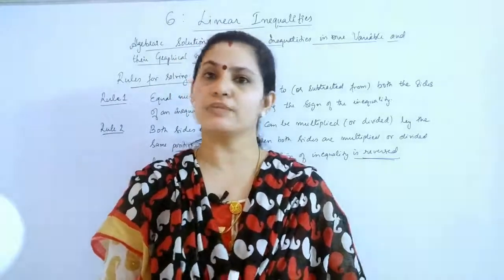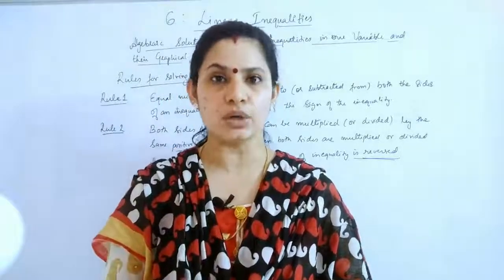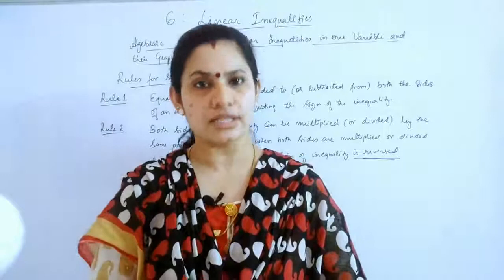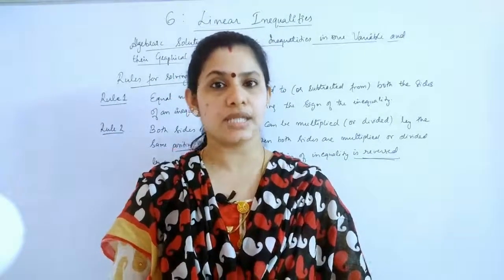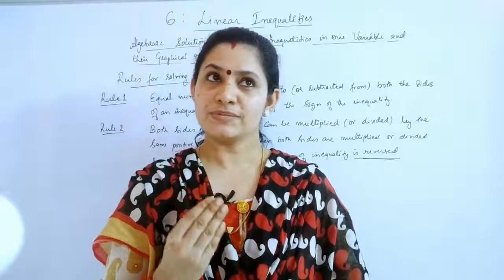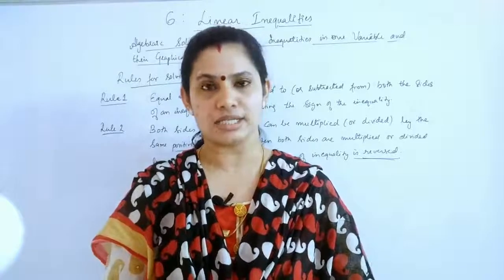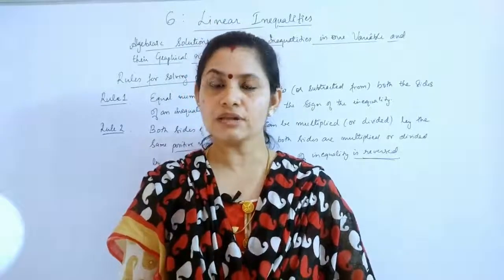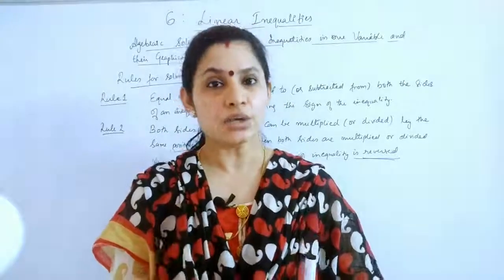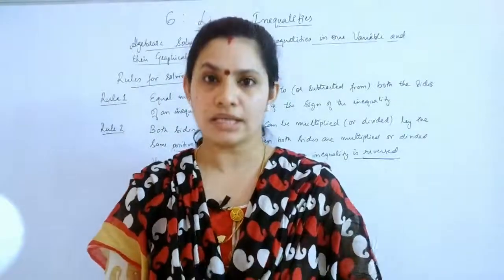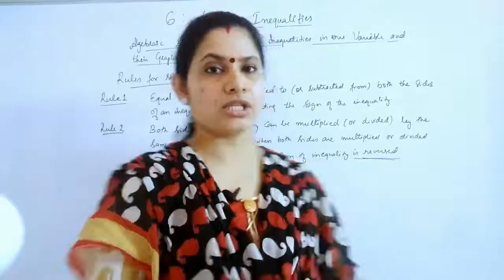For addition and subtraction of the same number on both sides, the sign is not disturbed. If you multiply or divide by the same positive number, the inequality is not disturbed. But if you multiply or divide by a negative number, the inequality reverses its sign. Let's check.